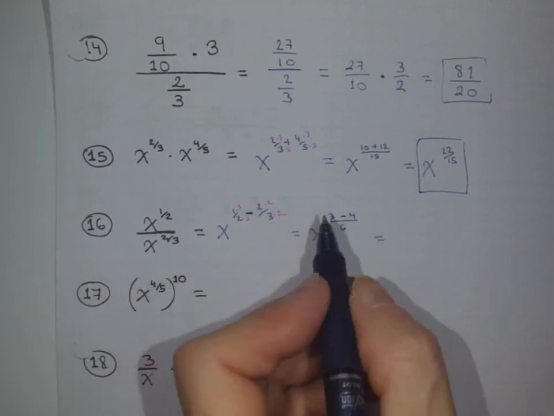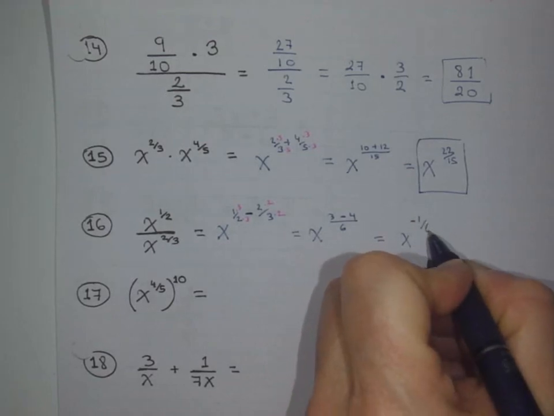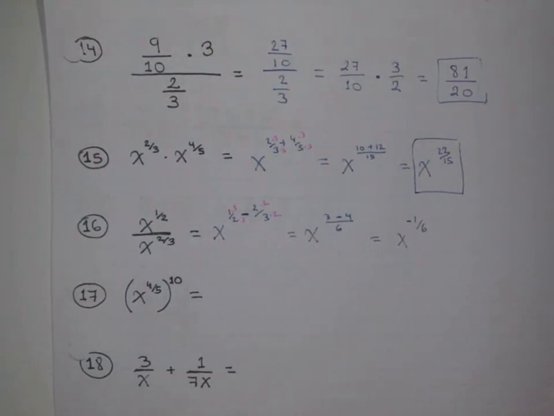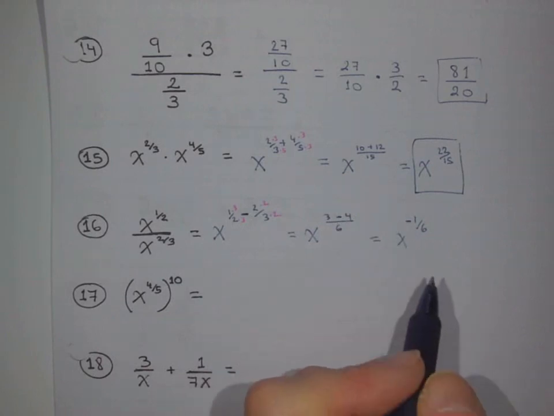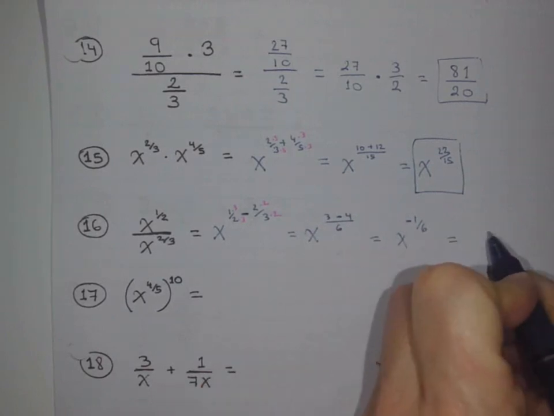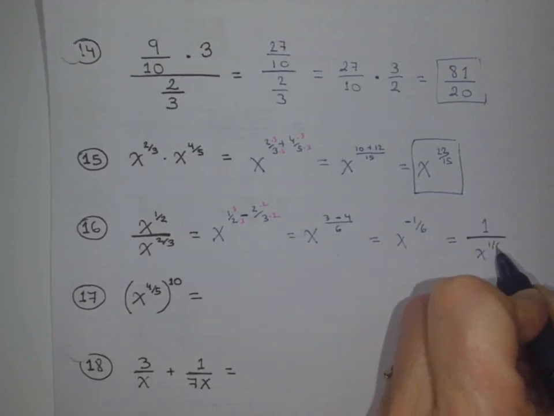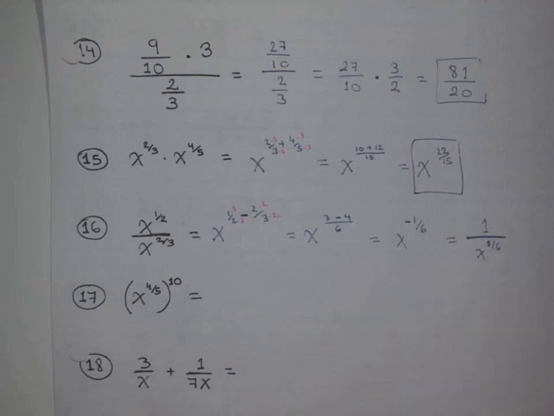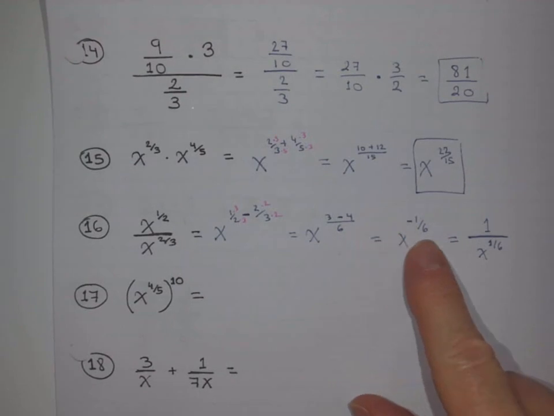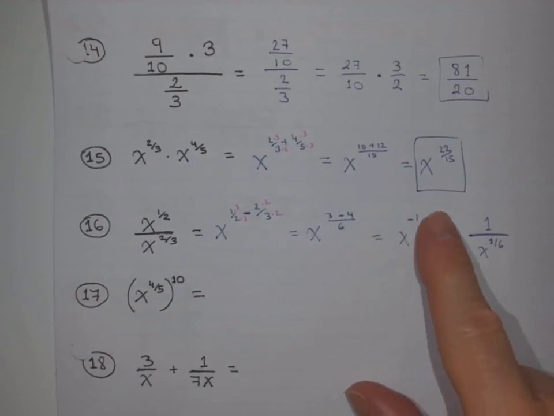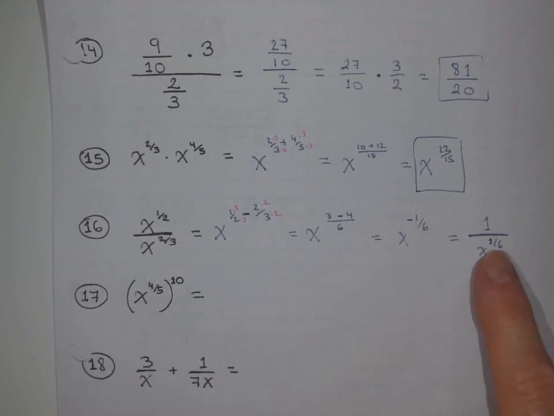Okay, 3 minus 4 is a negative 1 over 6. And because this exponent is negative, once I finish simplifying, we never leave a negative in an answer. So we're going to actually write it as 1 over x to the 1/6, right? Because a negative exponent just says your base has to be moved. You have to use the multiplicative inverse. So because this is in the numerator, I'm going to move it down in a denominator.